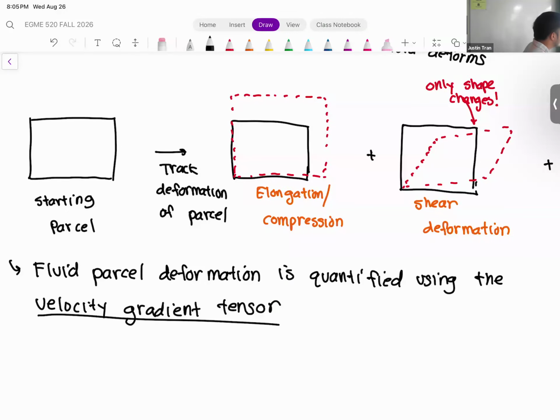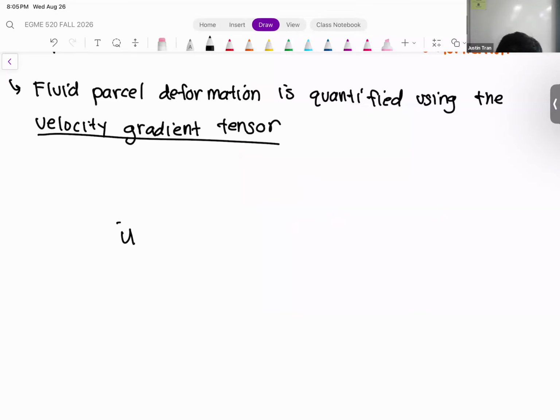Okay. So the velocity gradient tensor looks like this. We have our velocity, where remember, velocity is a vector quantity, and so it has components in the x, y, and z directions. So the velocity vector, remember, has components u, v, and w.